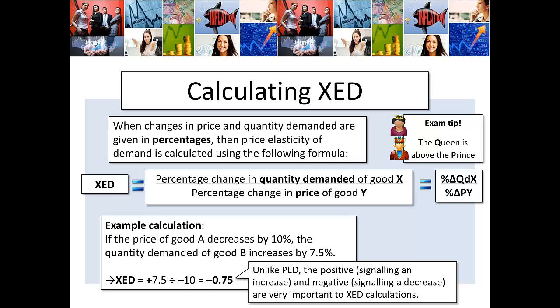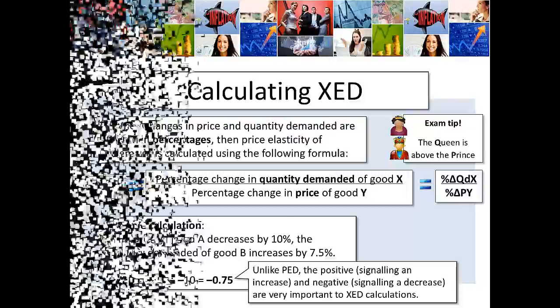Our calculation: change in quantity demanded of good X, we put that on top, plus 7.5 because it's an increase, divided by the percentage change in the price of good Y. Price decrease, that's a negative number, minus 10, and if we divide that out, our coefficient is negative 0.75. And unlike price elasticity of demand, this time the negative, which signals the decrease, is very important to our XED calculations.